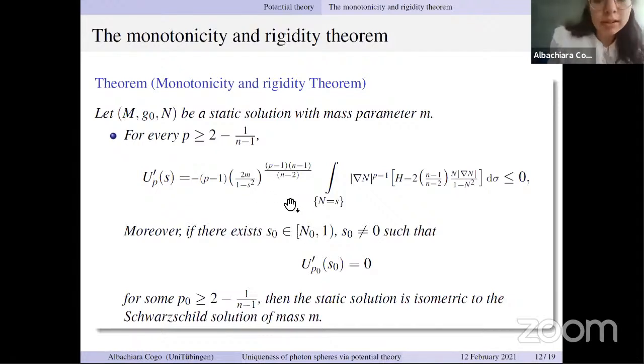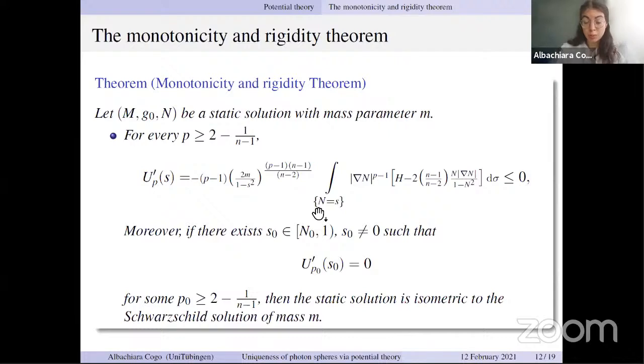Also, we see that this derivative involves an integral over a level set of an integrand that involves the norm of the gradient of n and the mean curvature of our level set. And in the rigidity case, so if this derivative is 0 at some level set, which must not be the trivial one, because otherwise it is trivially 0 and doesn't give any information, then it implies that we have an isometry to the Schwarzschild solution.